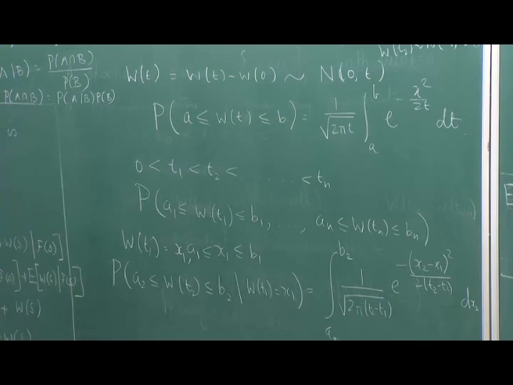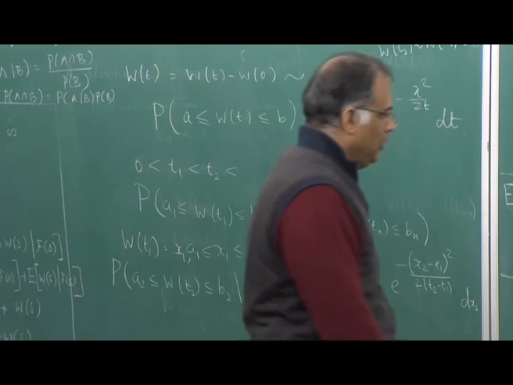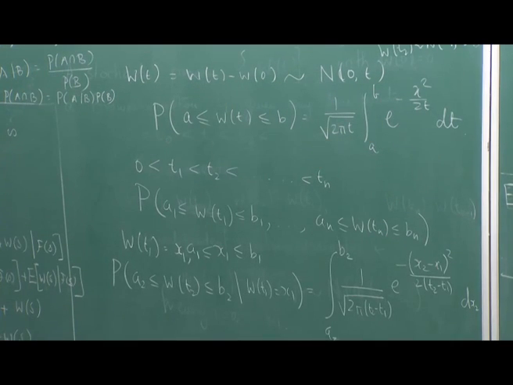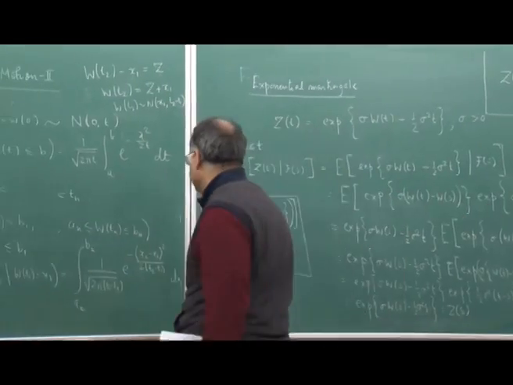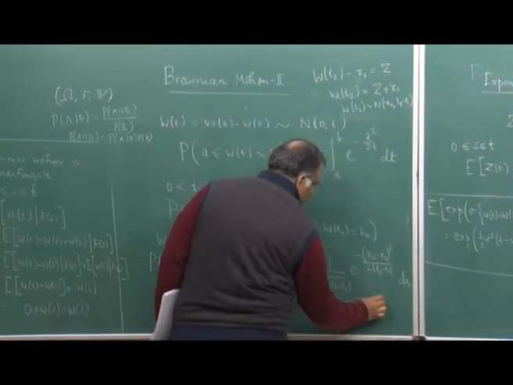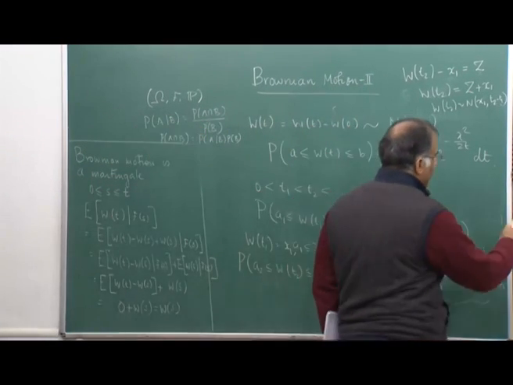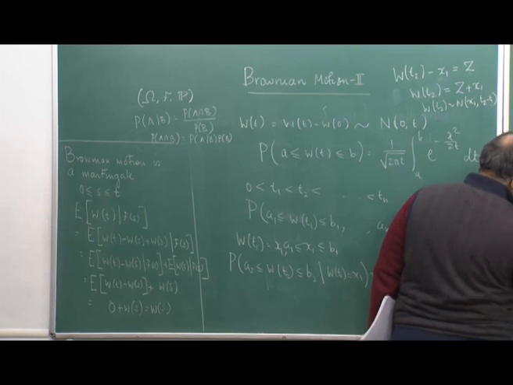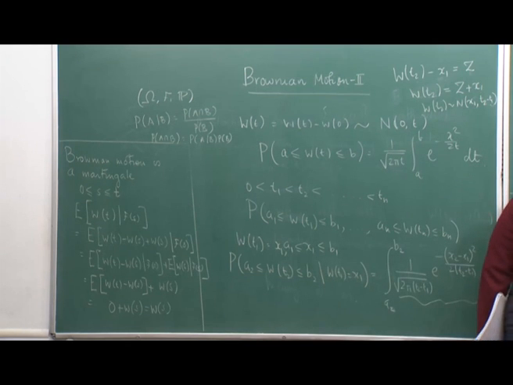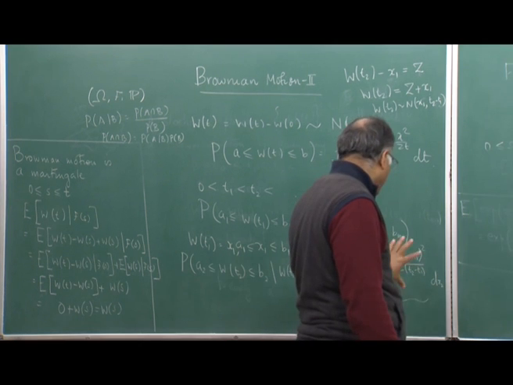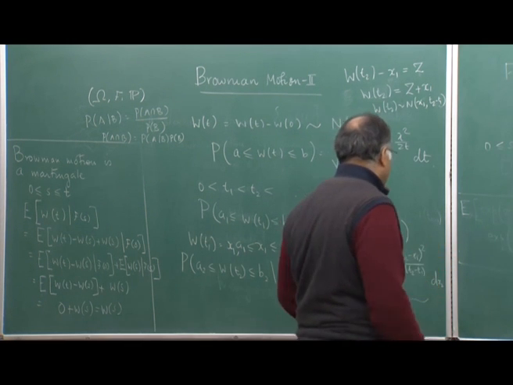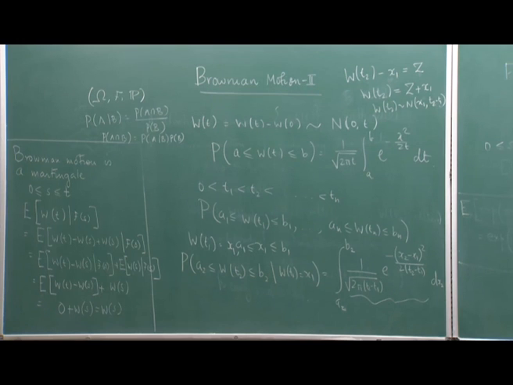Now if I want to write the joint probability, this is my conditional density, this is my conditional density function, and thus I can write the conditional density function in a more simpler way. So I can write it in a compact form, but let us do the general form and then we will tell you how to write it.